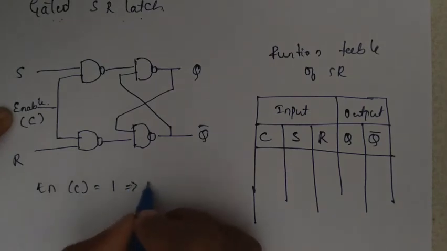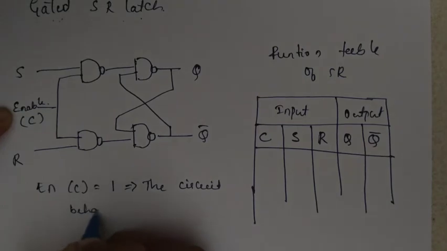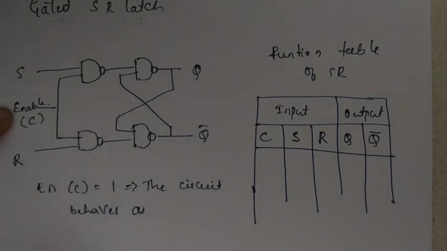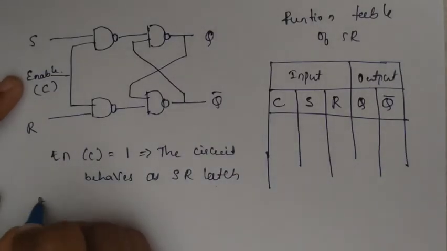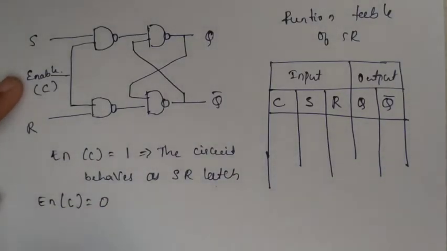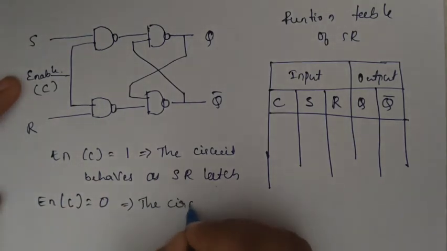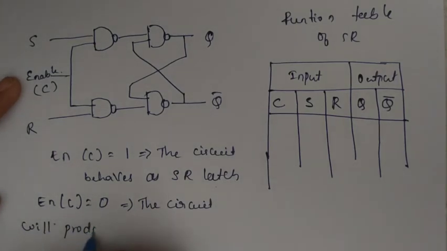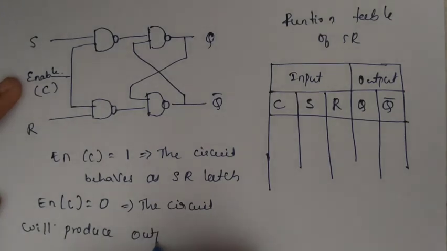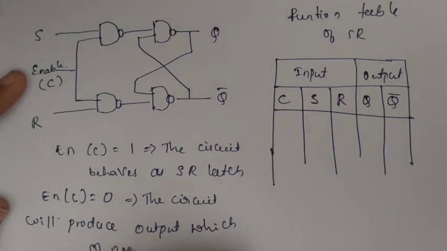When enable, that is C, is equal to 1, the circuit behaves as an SR latch. If enable, that is C, is equal to 0, the circuit will produce the output of the previous one.